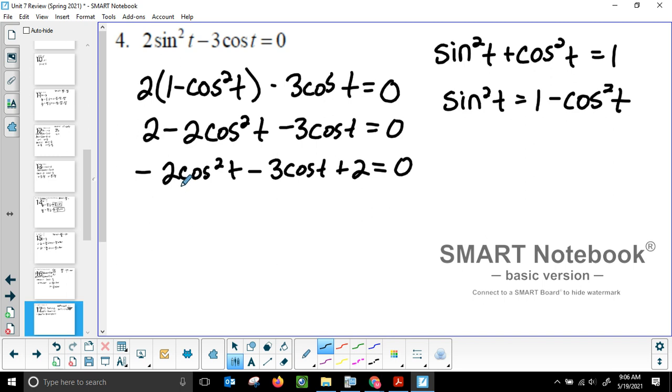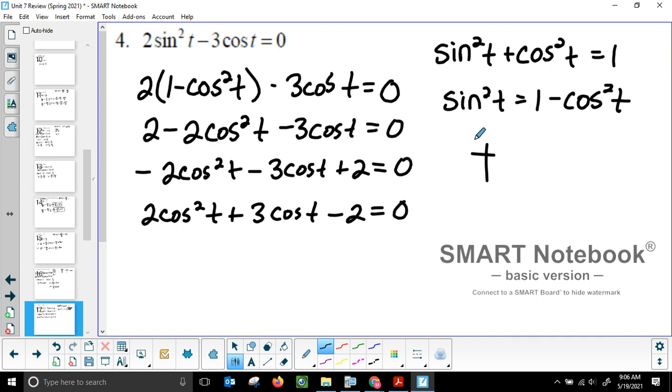You still can factor it with negative leading coefficients. That's just not how I roll. So I'm going to go ahead and multiply both sides of my equation by negative 1. So that will change every sign over here. So this will become positive 2 cosine squared t plus 3 cosine t minus 2. And of course, 0 times negative 1 is still 0.